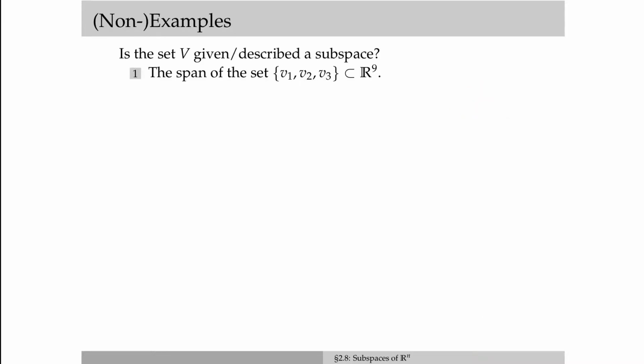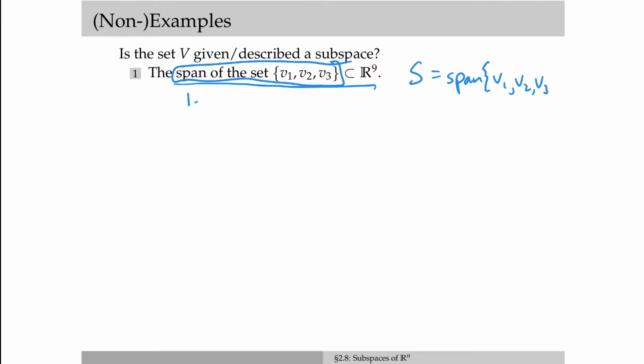The first example I have here is the span of the set v1, v2, and v3 as a subset of Rn. We have to check three things here. Let's say S is the span of v1, v2, and v3.